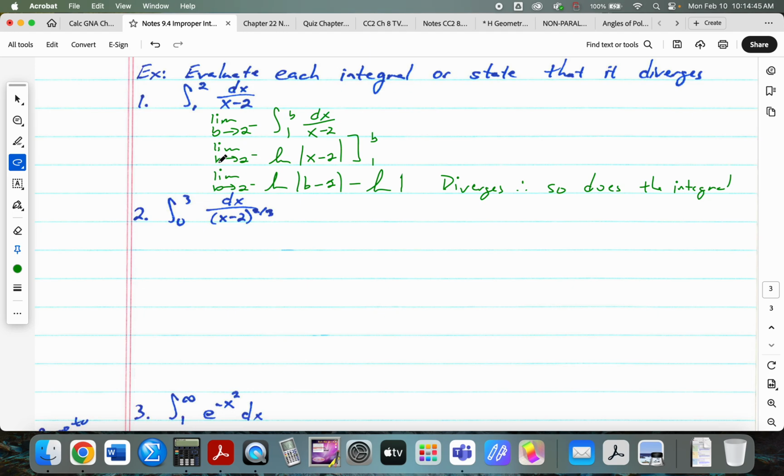All right, where is the problem on our next one? Yeah, this has an infinite discontinuity at 2, right? So we're going to have to split this at 2 into 2 separate integrals and look at each part.